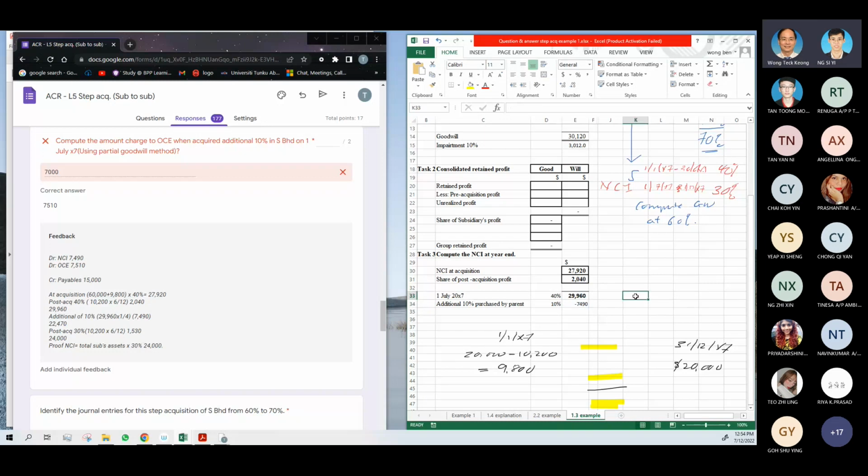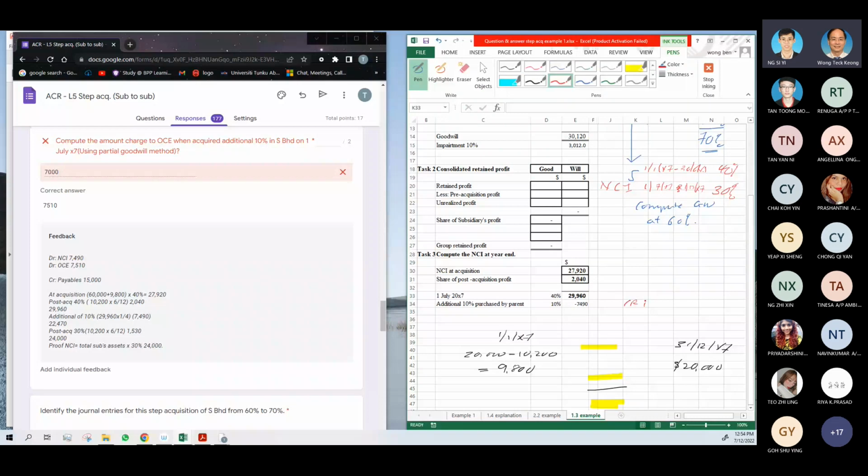So your double entry is: you credit payable, since they're paying 50 million, right? Your NCI will reduce by 10%. So 10% here is 7490. The difference you debit to other component of equity, 7510.